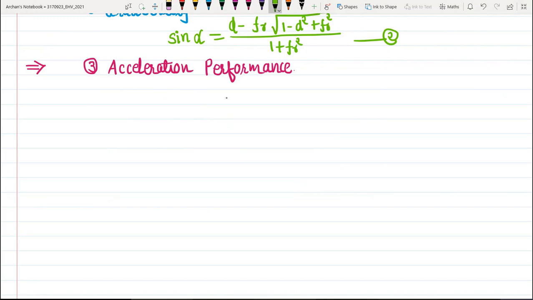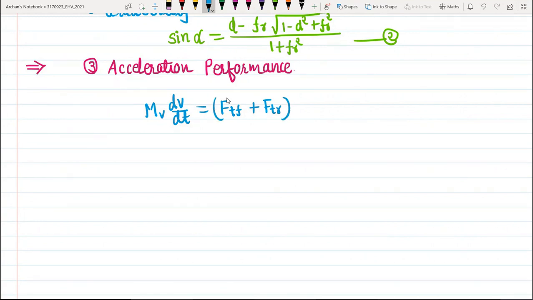So that was the performance, which is acceleration performance, right? And we have seen that for the dynamic equation, we are using Newton's second law. What it states, we have seen this equation: mv dv/dt is given by Ftf plus Ftr.